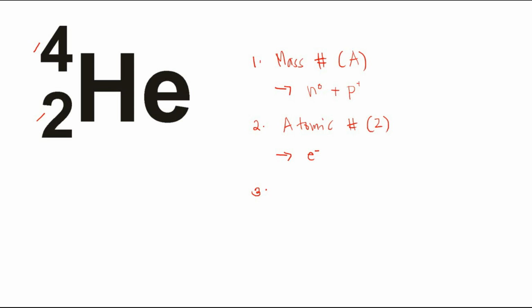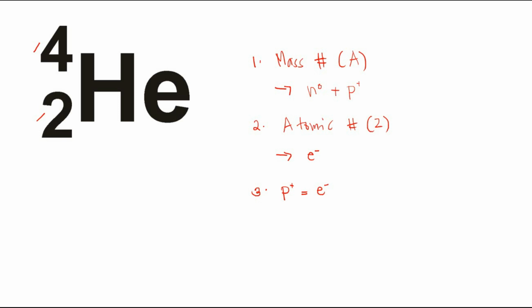And number 3 rule, you have to know that the number of protons is always assumed as equal to the number of electrons. So the atomic number is always equal to the number of electrons. Therefore, the atomic number is also equal to the number of protons.